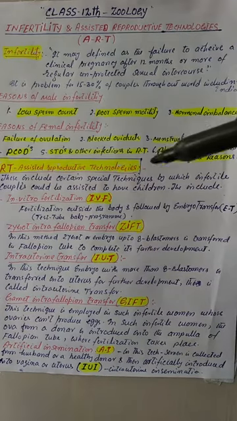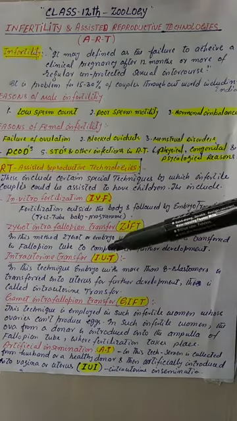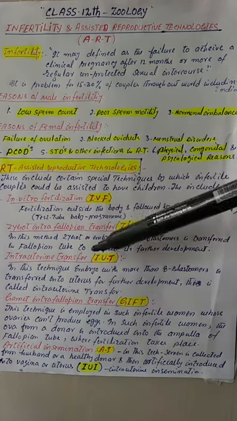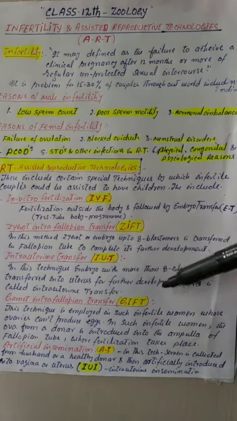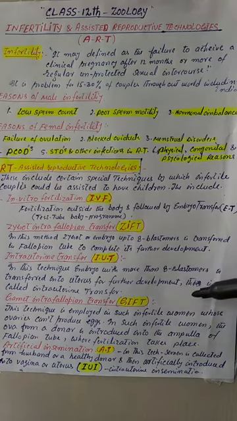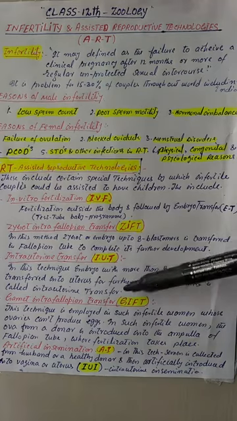Now, the third method is IUT, or intrauterine transfer. In this technique, an embryo with more than 8 blastomeres is transferred into the uterus for further development. This is called intrauterine transfer.